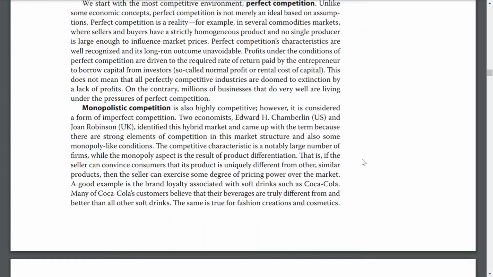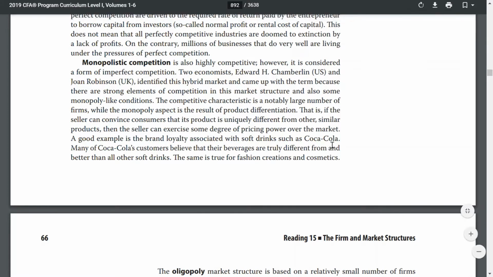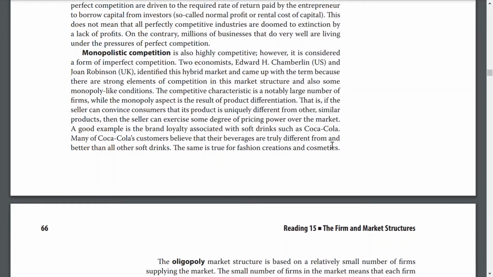Monopolistic competition is also highly competitive. However, it is considered a form of imperfect competition. Two economists, Edward H. Chamberlin of the U.S. and Joan Robinson of the U.K., identified this hybrid market and came up with the term because there are strong elements of competition in this market structure and also some monopoly-like conditions.